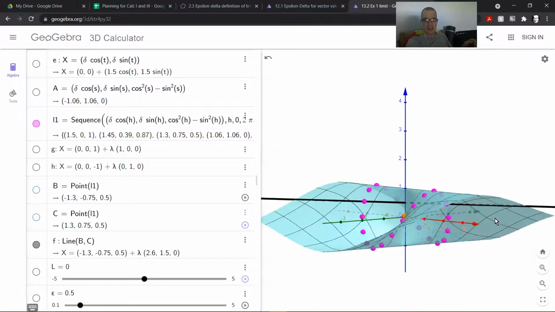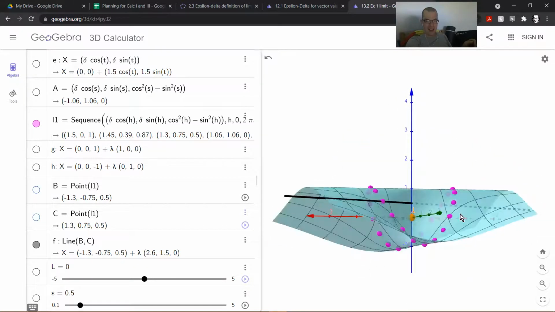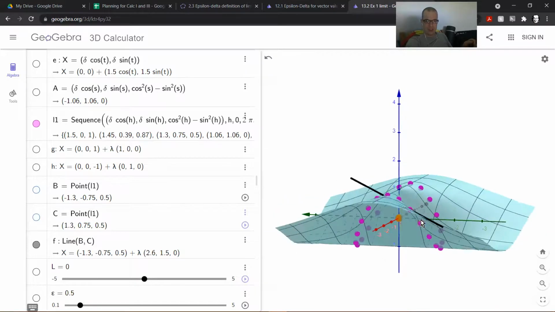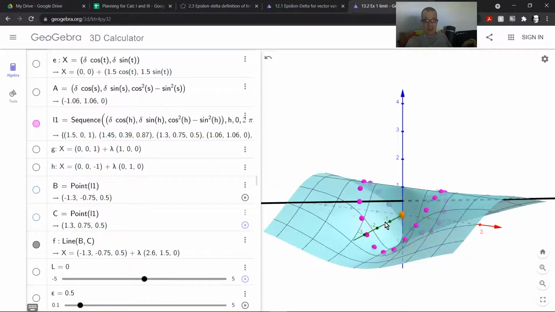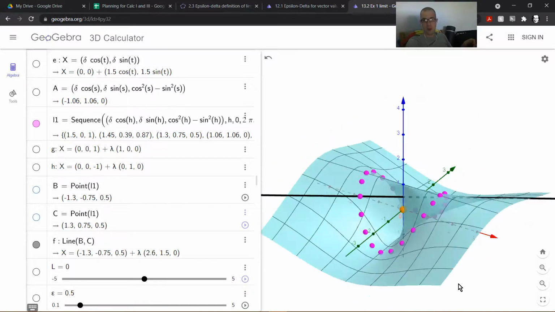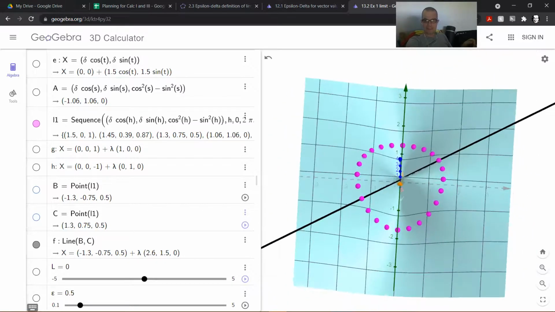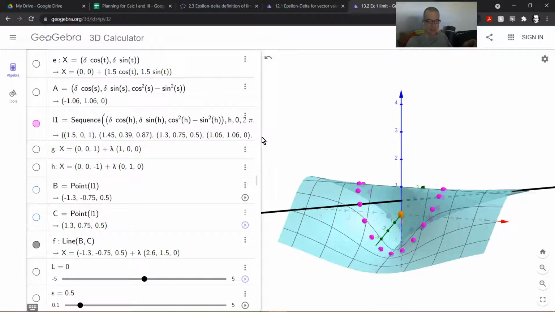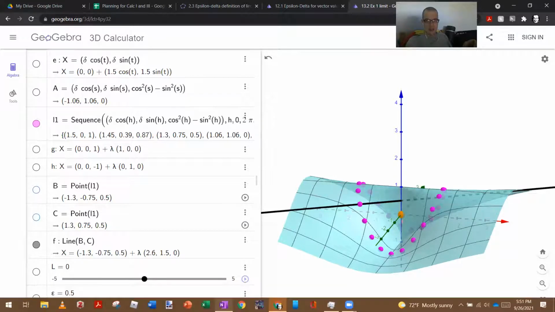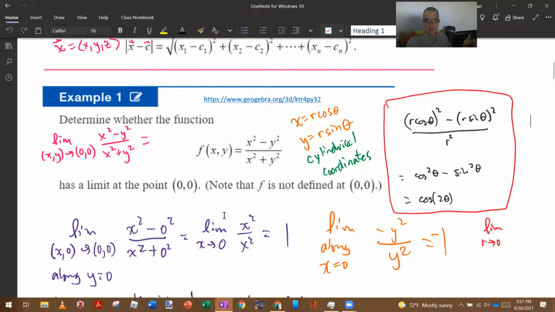So notice that we could find lines that approach different values other than 1 or -1 if we travel along lines with a different slope in the domain. Okay, so that's cool. The limit doesn't exist because we don't shrink down to just one z value.